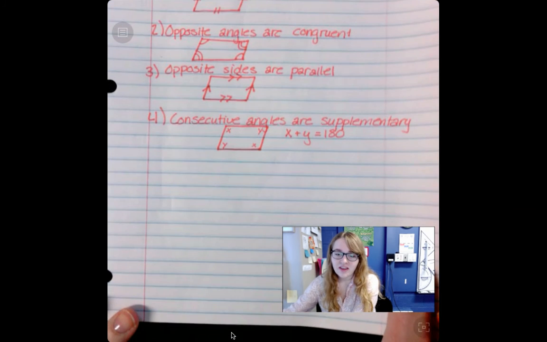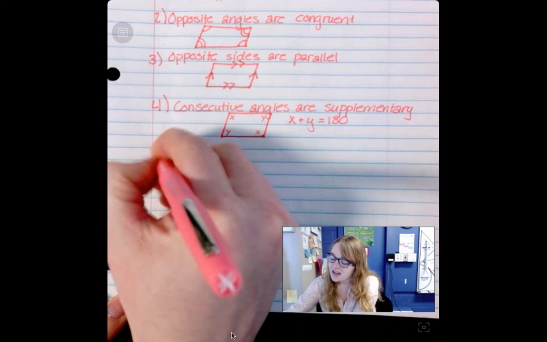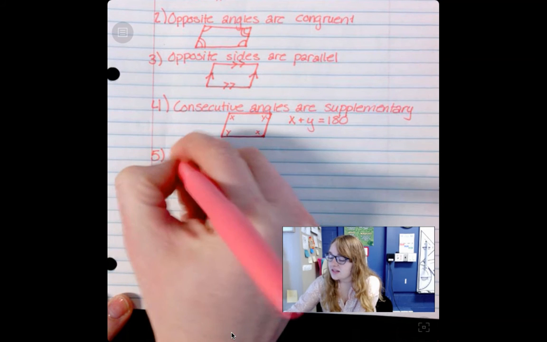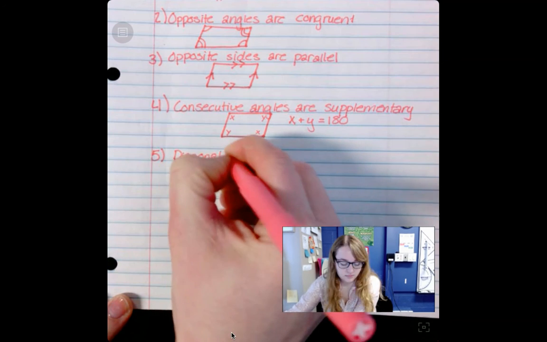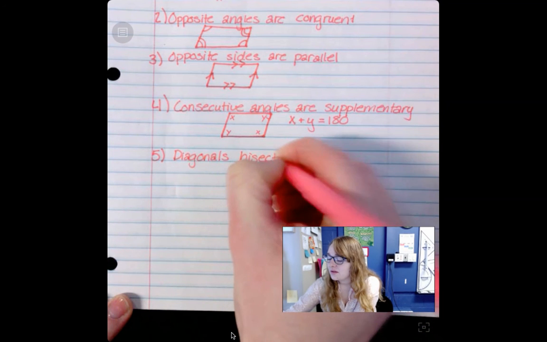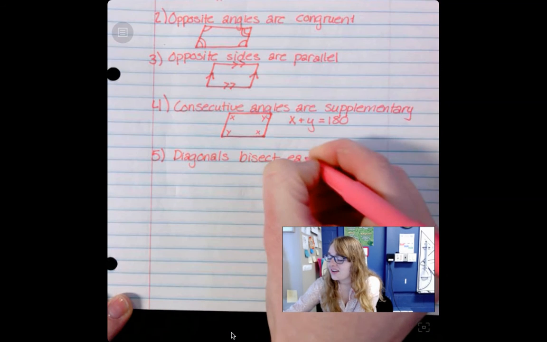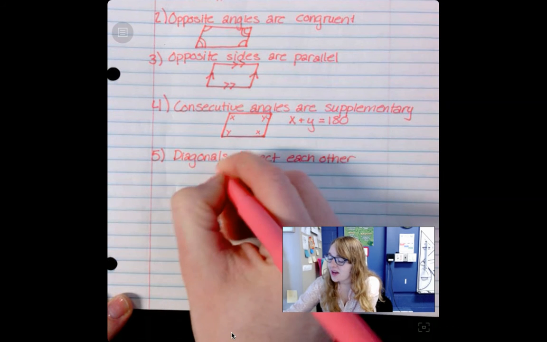And our fifth and final super cool rule about parallelograms is that the diagonals bisect each other. More vocab, so let's jump back into it.